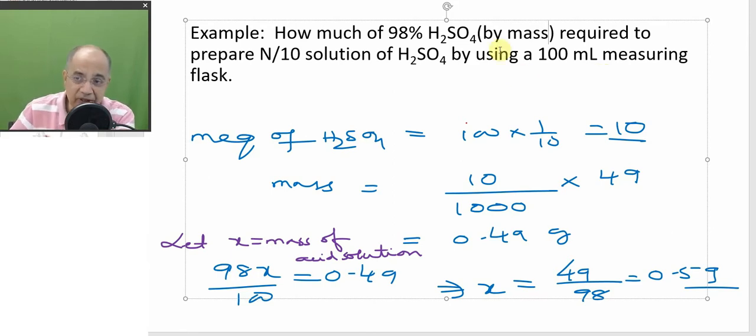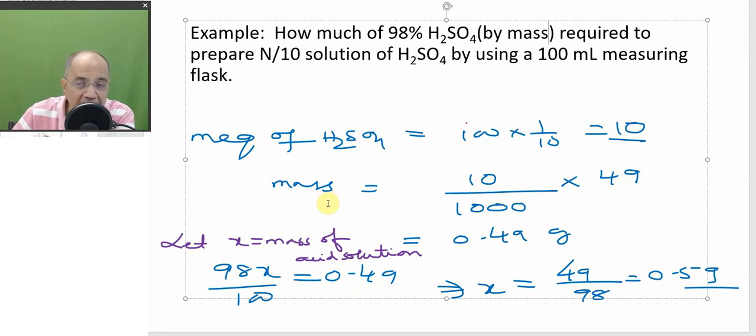So 98% sulfuric acid by mass required to prepare N by 10 solution of sulfuric acid by using a 100 milliliter measuring flask. Right? So let's see how much milliequivalents will be there in 100 ml of N by 10. So volume into normality will be the number of milliequivalents, meq.